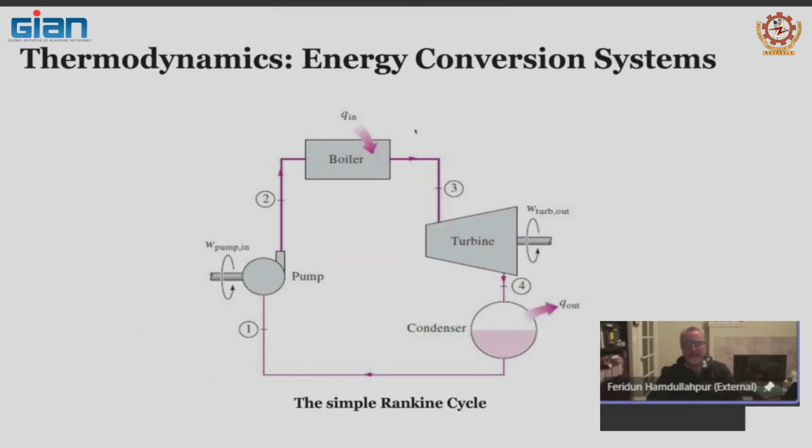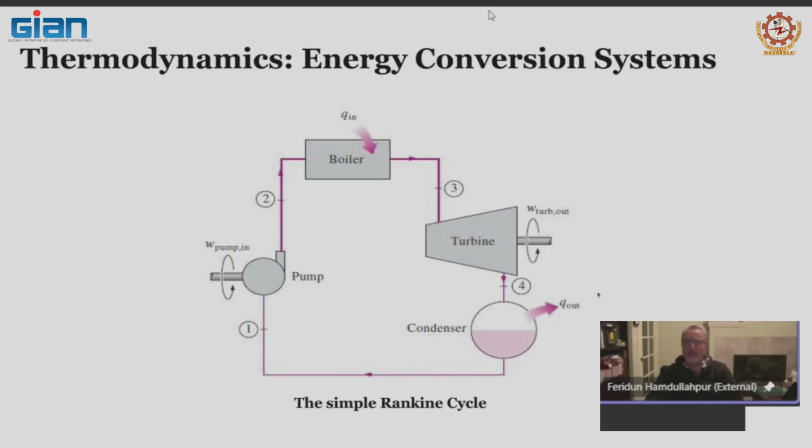You'll remember your simple Rankine cycle, whose objective is to produce high pressure, high temperature steam that can be fed into a steam turbine, where it expands and turns a generator, and the generator will, of course, produce electricity. Then the low quality, low pressure steam is condensed in the condenser, and then it repeats through the pumps.